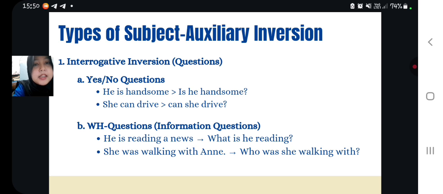For example, he is reading the news, and then we add a WH question. I choose what. So, what is he reading? And then she was walking with Anne. For the WH question, I add who. So, who was she walking with?